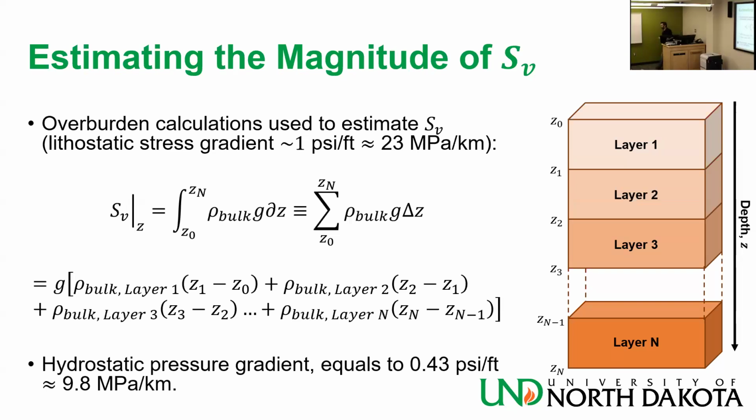Unfortunately, in the scientific community, when you hear the word hydro, it might mean fluid, it might mean water specifically. So when you say hydrostatic pressure gradient, it doesn't always mean fresh water. It could be, I have this drilling mud, its hydrostatic pressure gradient is 0.6. That means it weighs more than the water, 0.6 psi per foot.